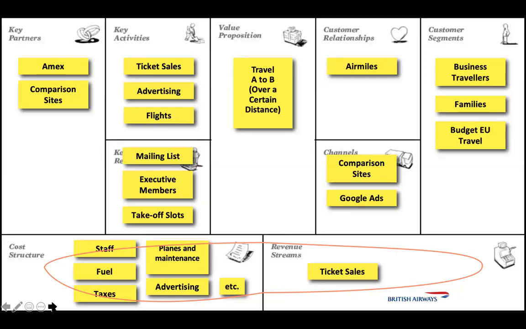They're very unpredictable, and you cannot say when you will have what kind of revenue. On the other side, on the cost side, you have fixed costs. And those are there whether you get revenues or you don't. Planes still need to be paid for, staff still needs to be there. The only variability may be in the consumption of fuel. And so this is a weakness in this business model canvas.